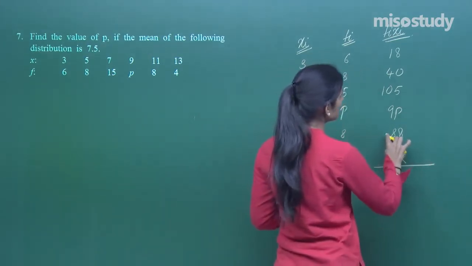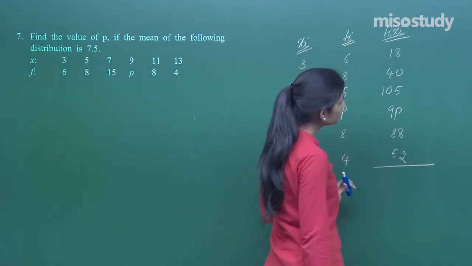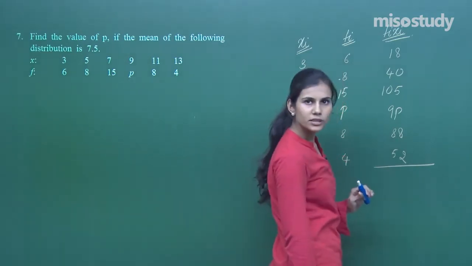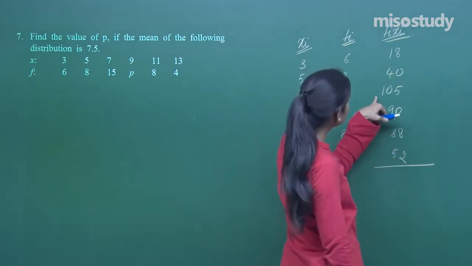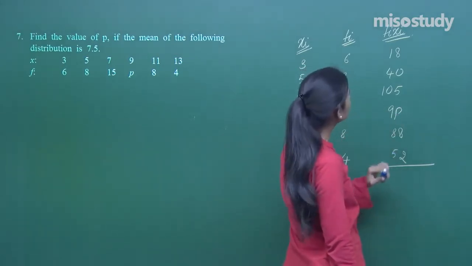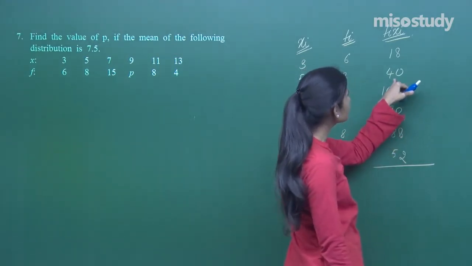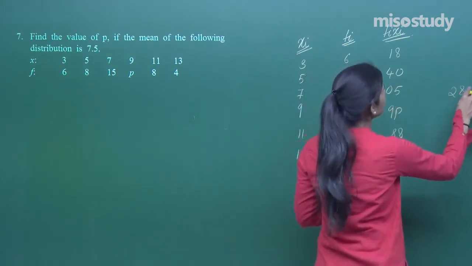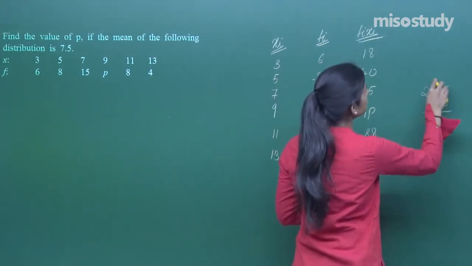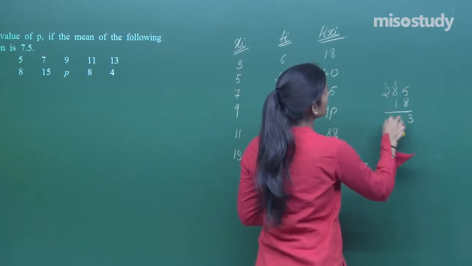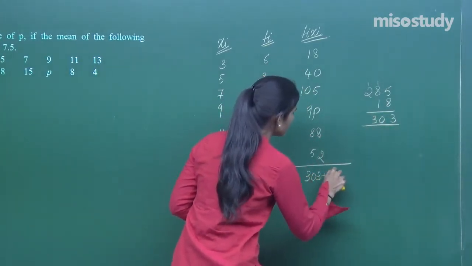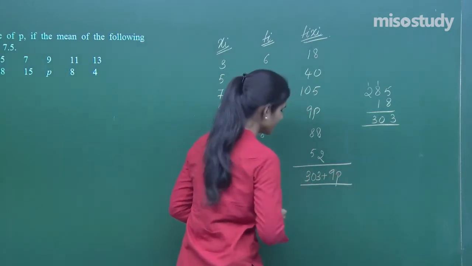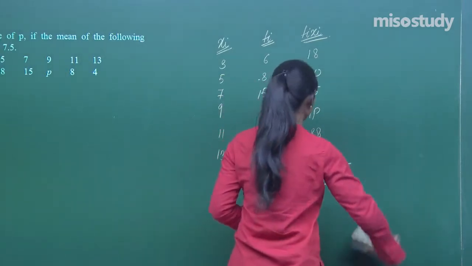You get what? 88 plus 52 gives you 140. 140 plus 100 is 240, so it is 245. This is 285. And 285 plus 18 is 303. So you get 303 plus 9p as summation fi xi.